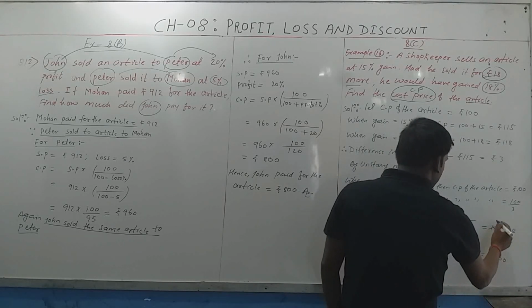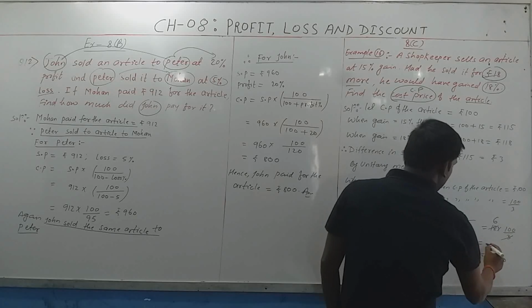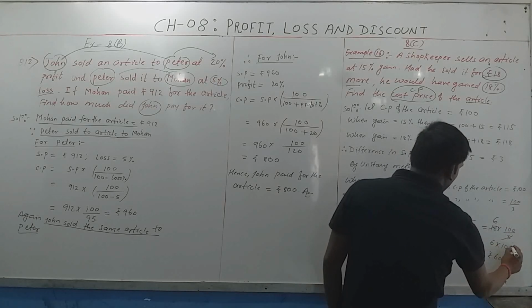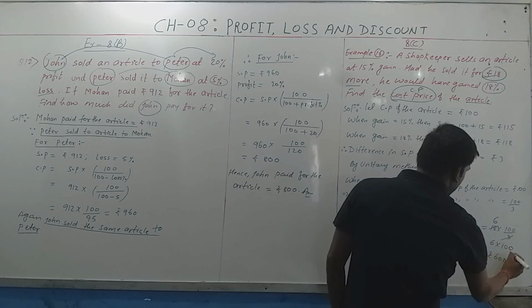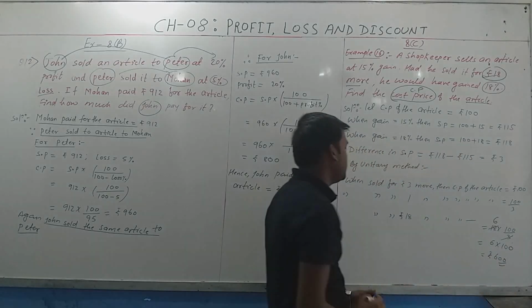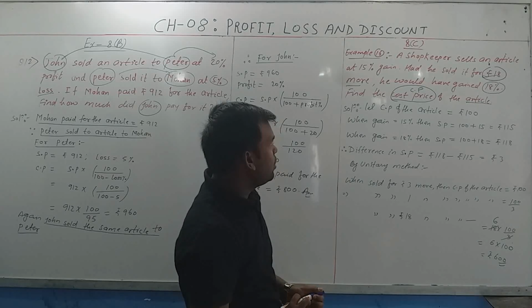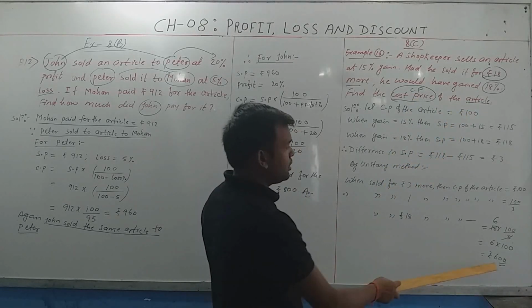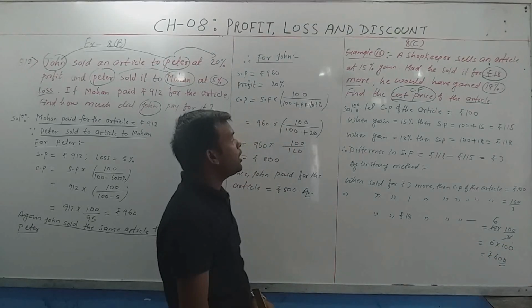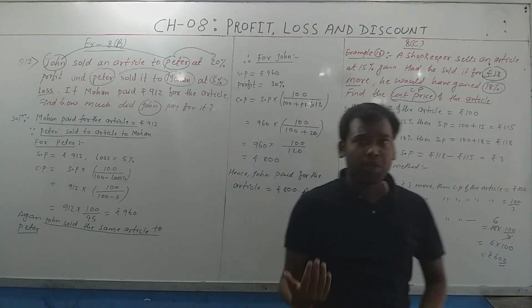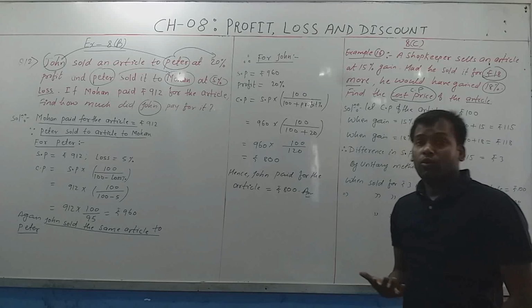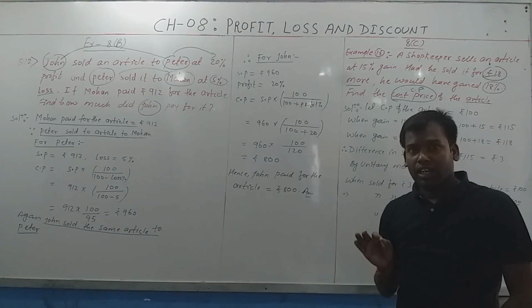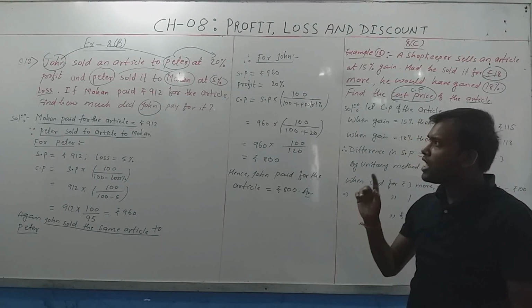The 3 cancels, so the rest is 6 into 100, which is 600 rupees. Is it clear? So the cost price of the article will be 600 rupees.